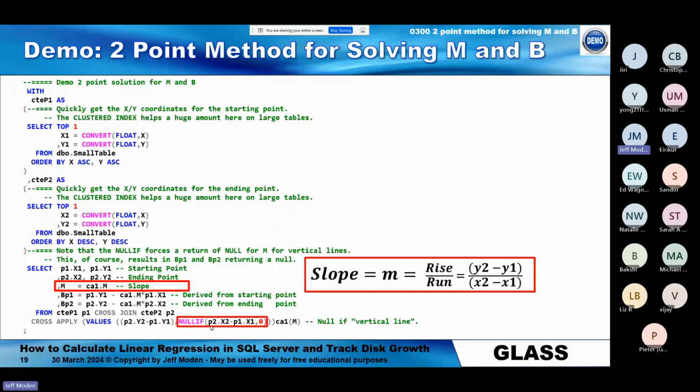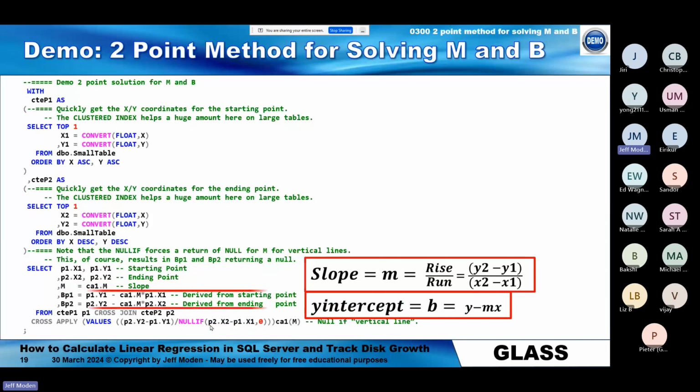But we also have this NULLIF. If x2 minus x1 is equal to 0, that means that you have a perfectly vertical line and you can't calculate the slope. And so we're going to change that to a null to say, hey, if it comes back as a null, we have a vertical line.